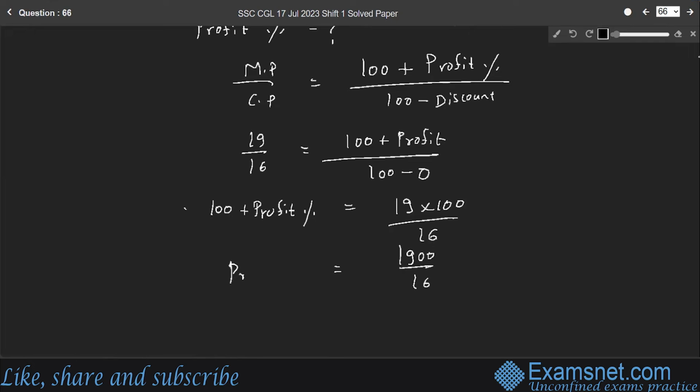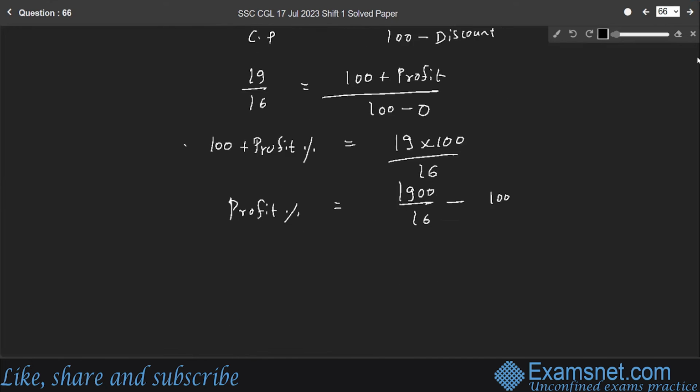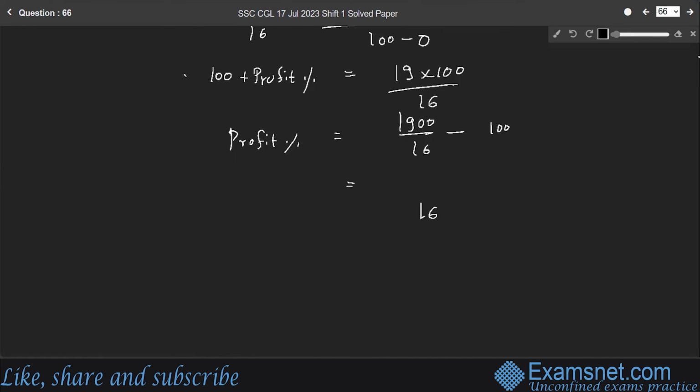So the profit percentage is equal to 1900 by 16 minus 100. Taking 16 as LCM, the numerator becomes 1900 minus 1600. So we'll get 300 by 16.